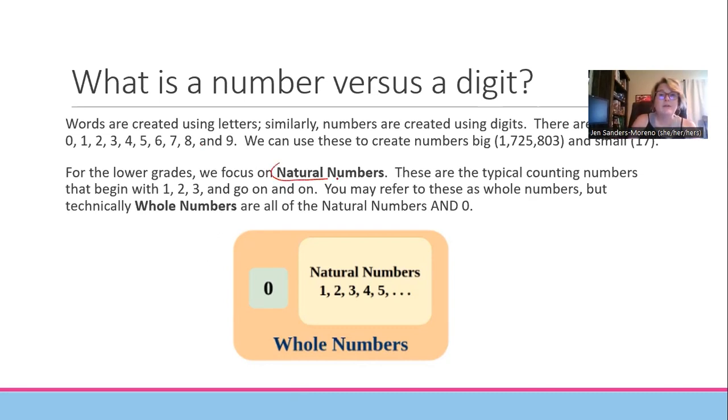So natural numbers are numbers that are 1 on and on and on as far as you can go. No decimals, no fractions. When we add 0 to the list is what becomes whole numbers. Now that being said, most students are going to call natural numbers whole numbers. It's okay, as far as I'm concerned. But technically the distinction is if you add 0, that's a whole number.